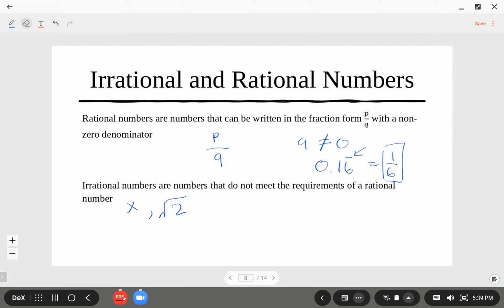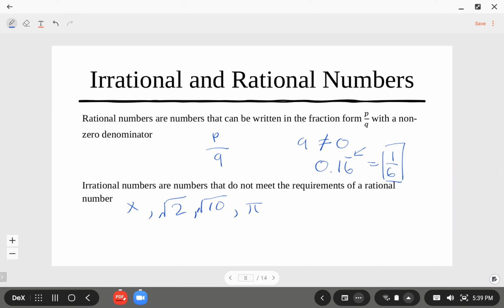So square root of 4, square root of 9, all those perfect square roots out there, those can be simplified to integers, and those are rational numbers, okay? So imperfect square roots like square root of 2, square root of 10, square root of 7, square root of 13, those are imperfect square roots, so they do not meet the requirements of a rational number. Another common example is pi, right? Pi, okay?